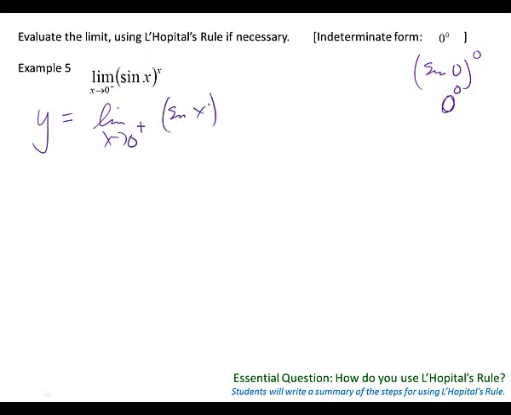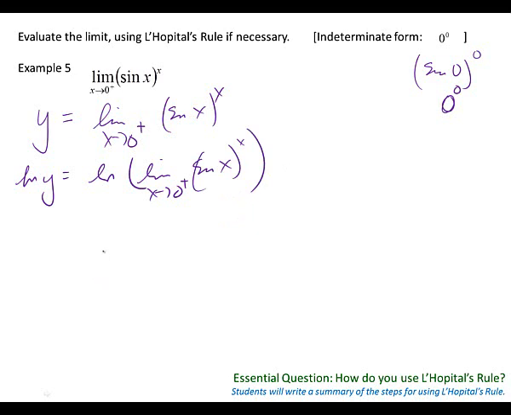Sine x to the x. All right, I want to get this variable out of the exponent, so I'm going to take the natural log of both sides. Limit as x approaches 0 from the right, sine x to the x.